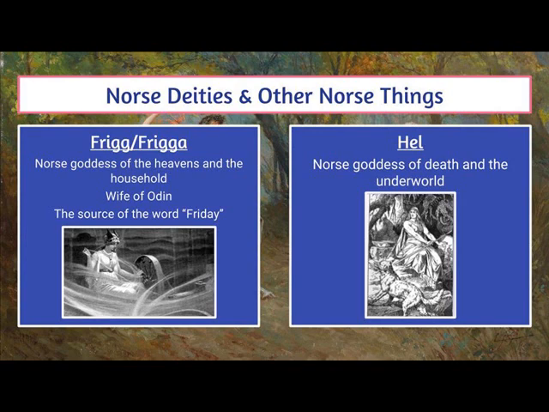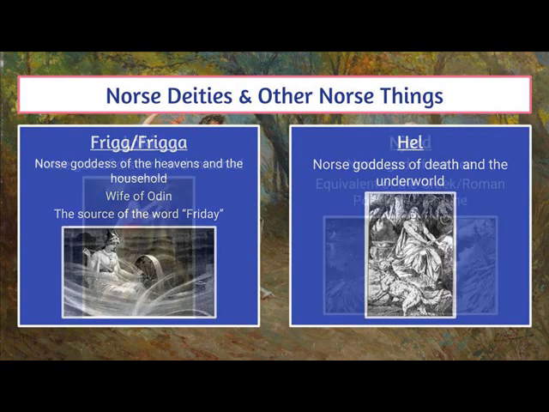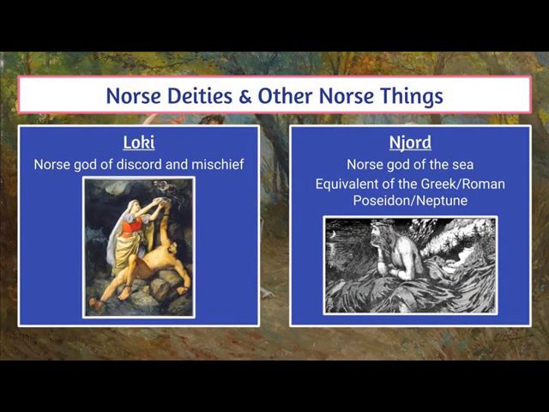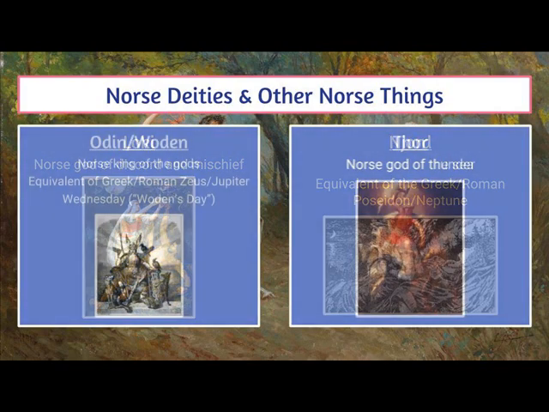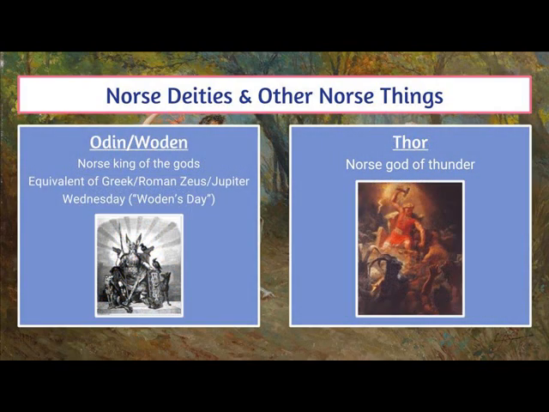Hel, Norse goddess of death and the underworld. Loki, Norse god of discord and mischief. Njord, Norse god of the sea, equivalent of the Greek, Roman, Poseidon, Neptune. Odin or Woden, Norse king of the gods, equivalent of Greek or Roman, Zeus and Jupiter.